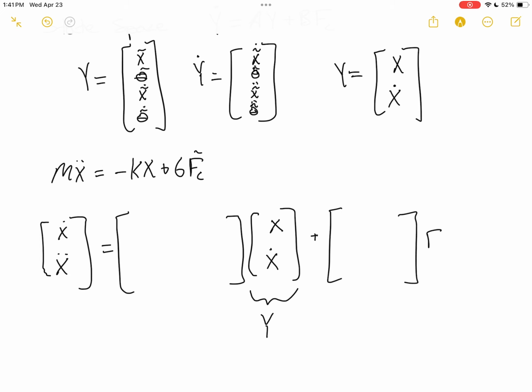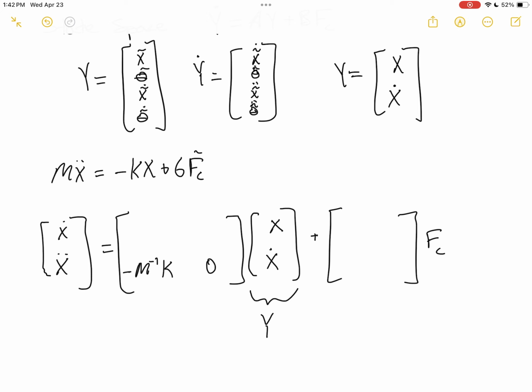And so x double dot we already determined: M x double dot is equal to minus K x plus G f_c. And so if we wanted to isolate just x double dot, we'd have minus M inverse K times x, and 0, no x dot term.